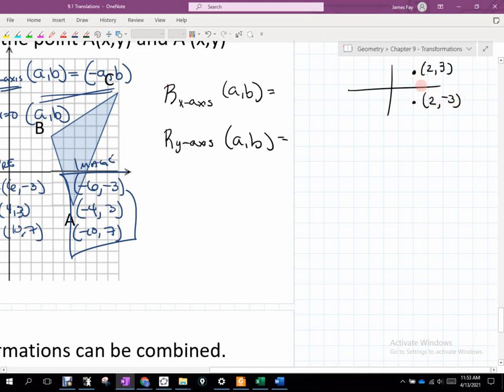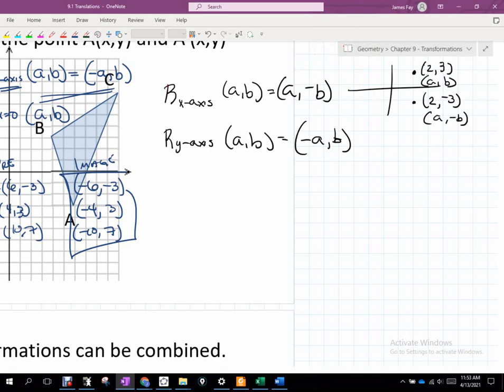So if (2, 3) was any arbitrary ordered pair (a, b), then this one would be (a, -b). That can remind you where the negative sign goes. And if I go to the y-axis, it's now (-a, b): the x value changes if I reflect across the y-axis.